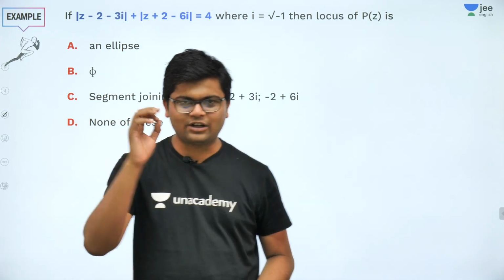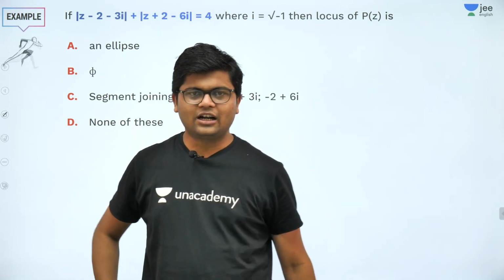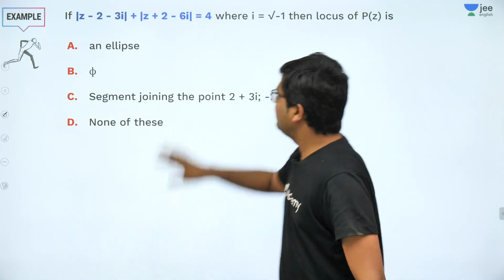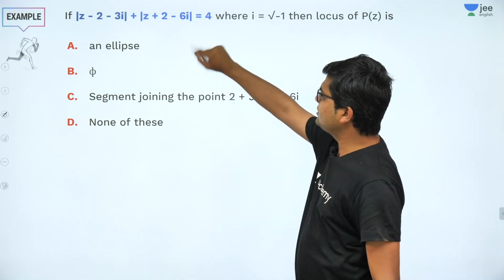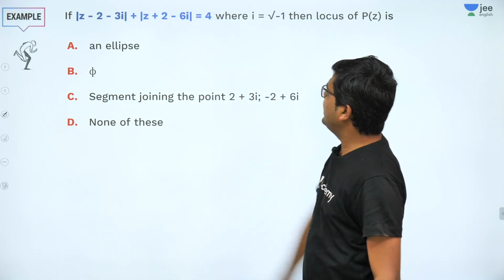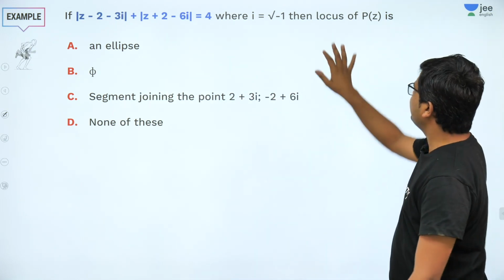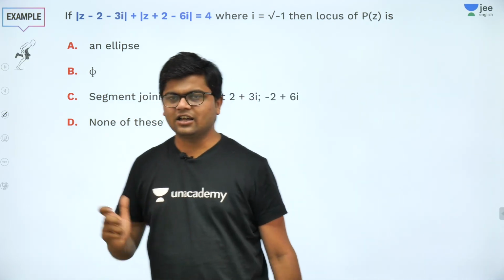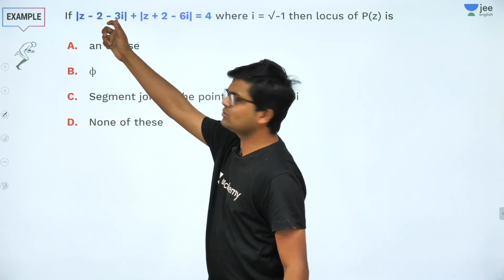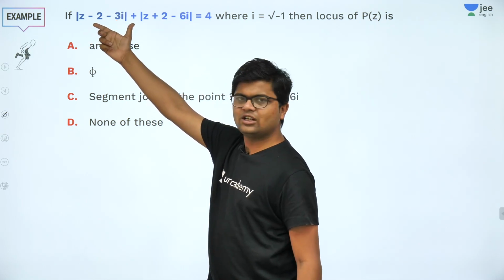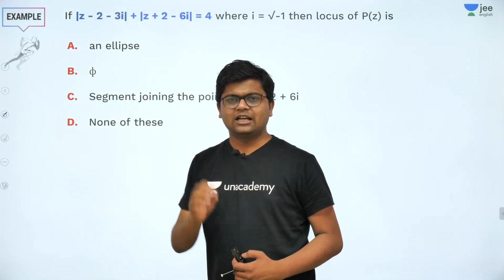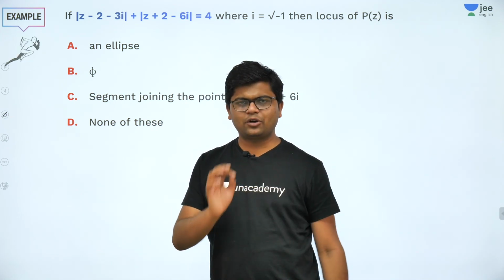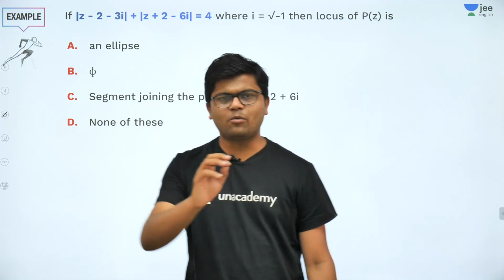Now this is also a wonderful question. Modulus of z minus 2 minus 3 iota plus modulus of z plus 2 minus 6 iota is given to me as 4. Now you need to find the locus of z. First you need to understand that modulus of z minus 2 minus 3 iota geometrically represents the distance of point P corresponding to z from the point (2, 3).